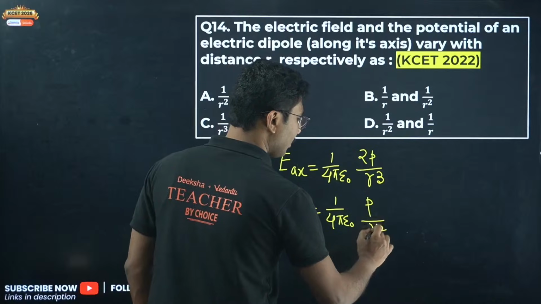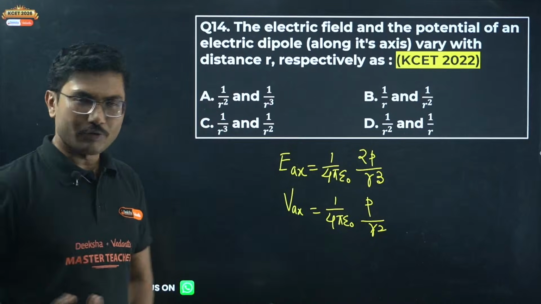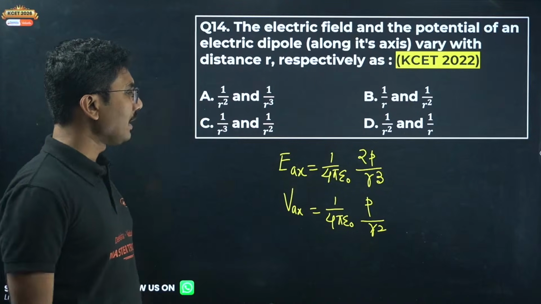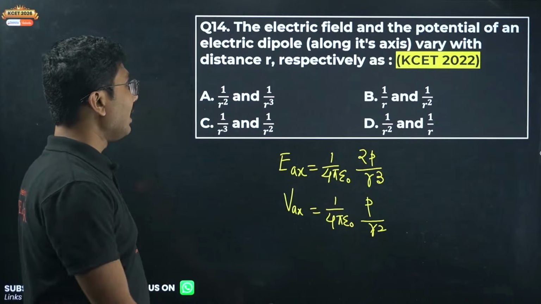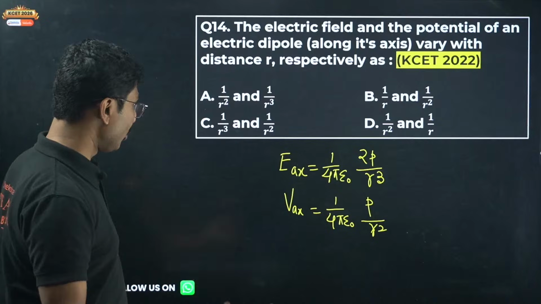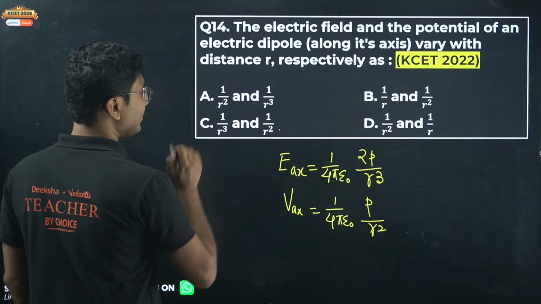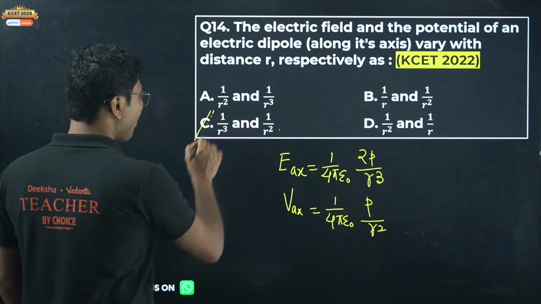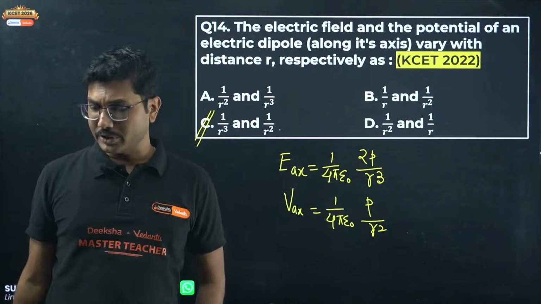Cos theta is 1 for the axial position, so that will be p by r square. So the electric field varies with 1 by r cube and the electric potential is 1 by r square. So option C is correct, not option D.